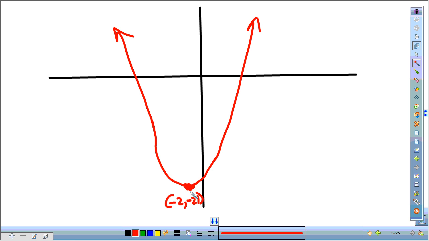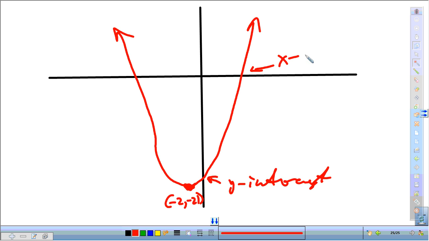I know it's symmetric about the line of symmetry through the vertex, but to get a slightly better sketch, I might get another point, one of which would be a y-intercept. I could also look for x-intercepts.